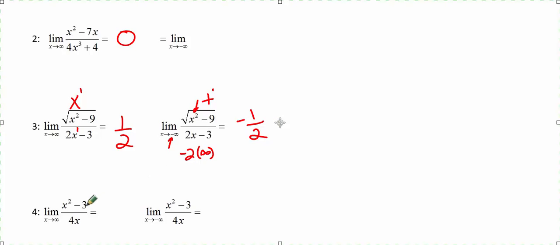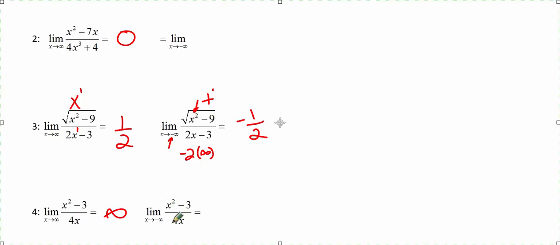Alright, in this example, we have top heavy. If something is top heavy, then it just goes to infinity. Another way of doing this, and it doesn't matter if you ask whether it's true for both top and bottom, both left and right, is to take a look. On this side, you have a positive infinity divided by a positive infinity. What happens over here?